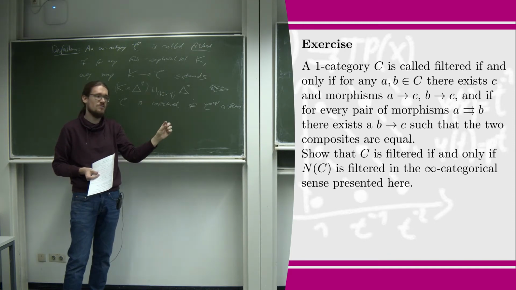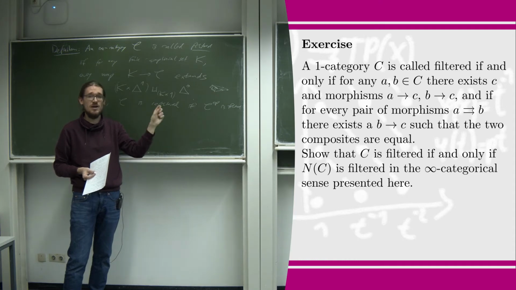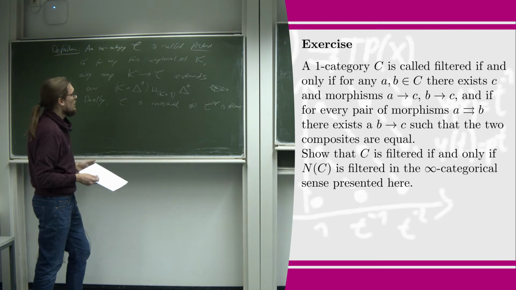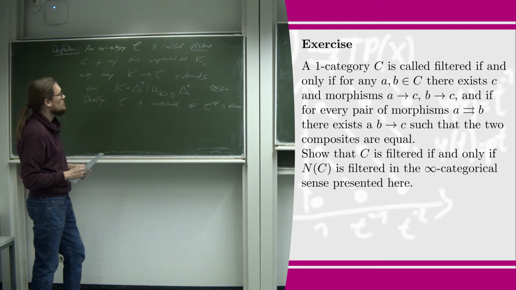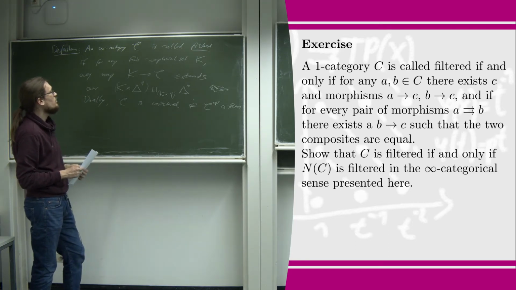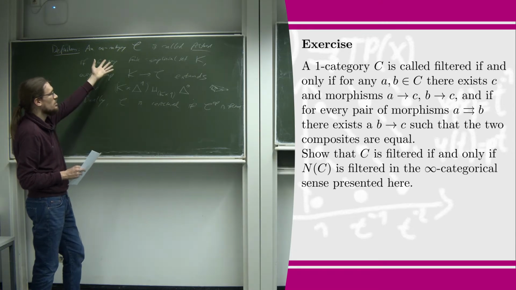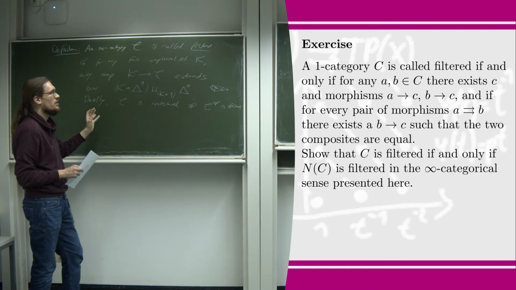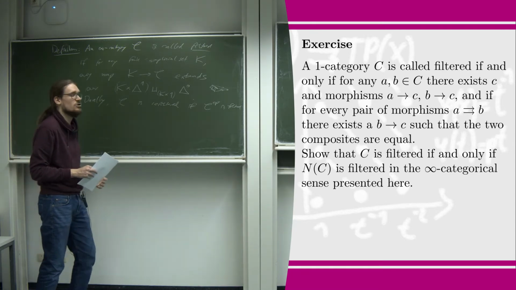If you have two parallel morphisms from A to B, you find a map from B to C such that they become equal. And so the claim is that the nerve of C is filtered in this infinity categorical sense if and only if C, for one category C, is filtered in the usual sense.